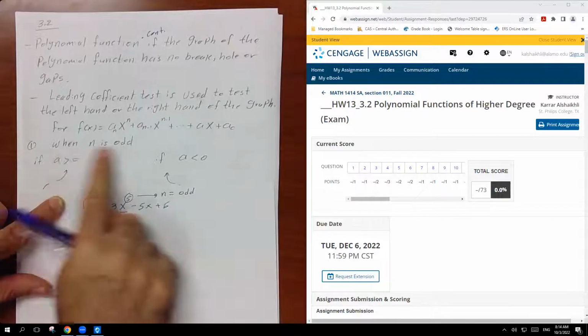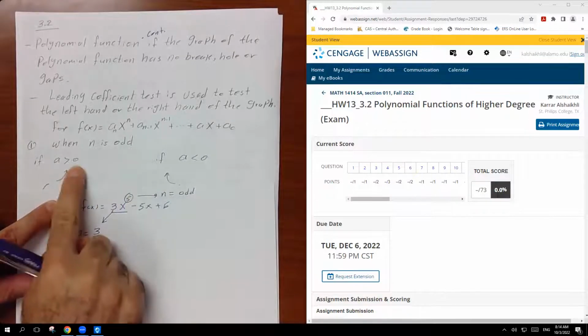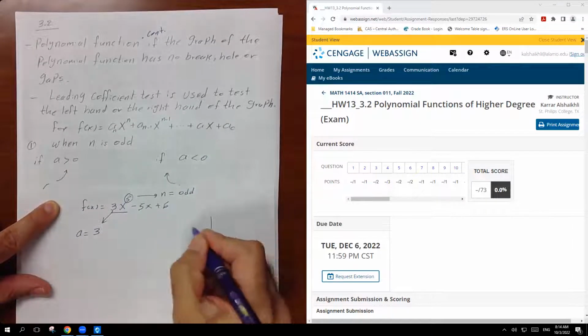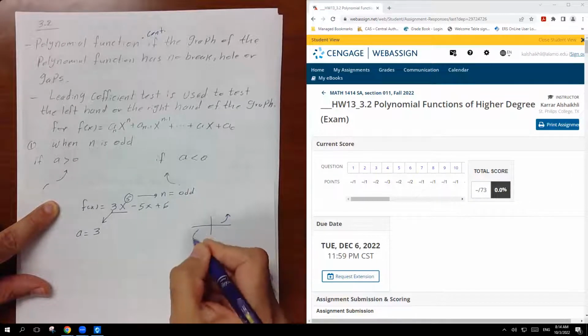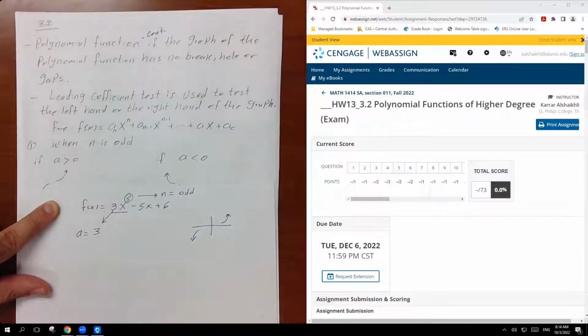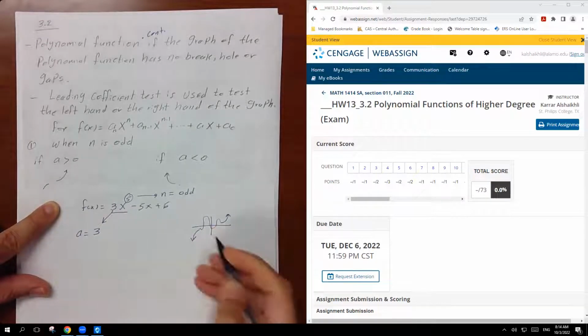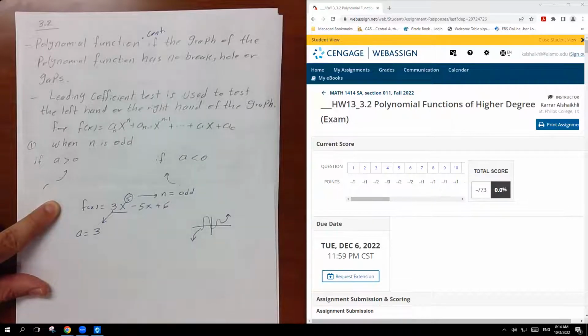The leading coefficient is 3, so a = 3, which is greater than 0. I'll keep in mind that when I graph the function, this side is up and this side is down. I'm not going to care about what happens in the middle; the main thing is the end behavior.